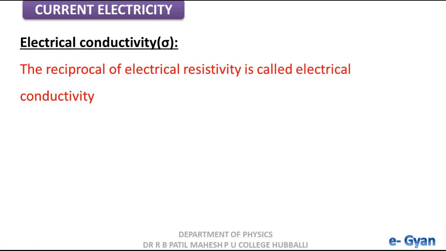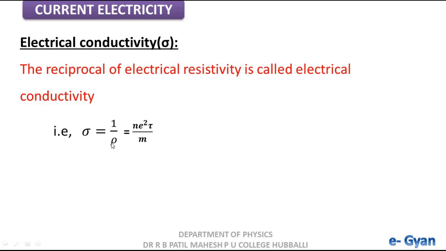It refers to the ability of the material to conduct electric current, to allow electric current to flow through it. That is called electrical conductivity.